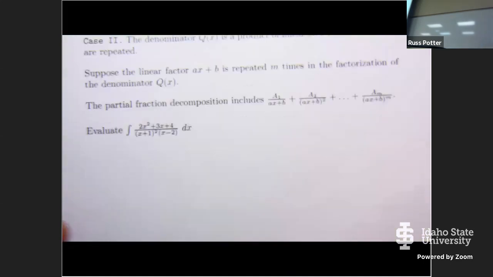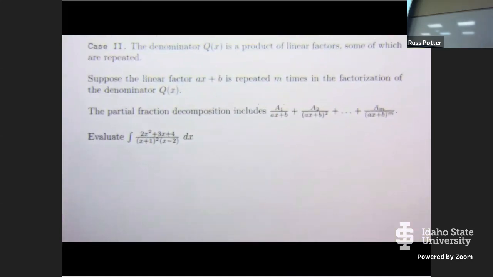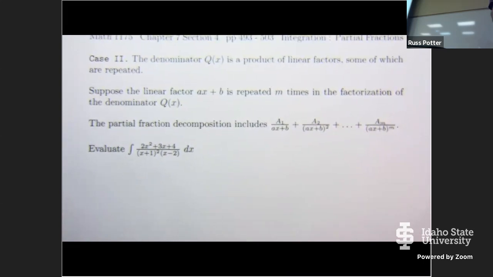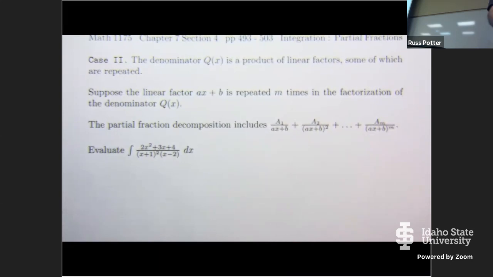Hey, let's look at case 2 for a while. In case 2, the denominator q of x is a product of linear factors, some of which are repeated.